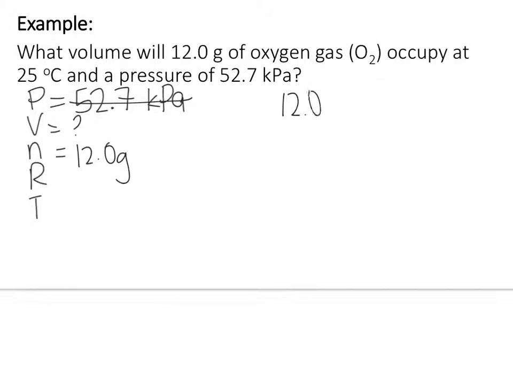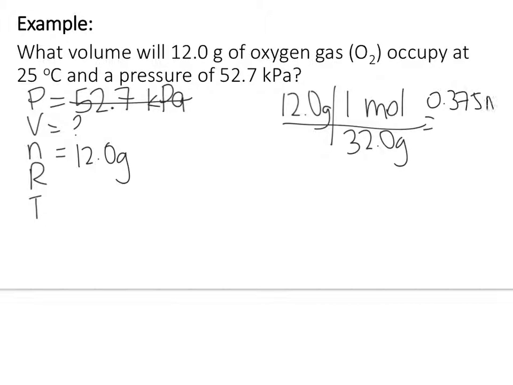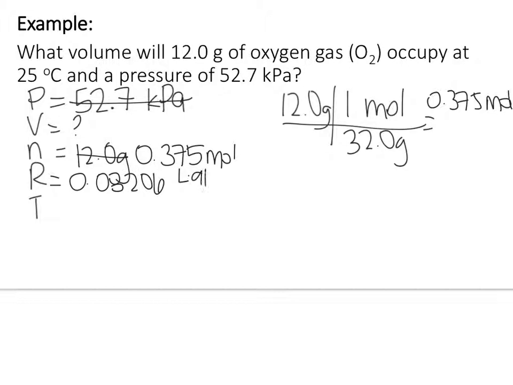So 12.0 grams times 1 mole over 32 grams gets you 0.375 mole. R is always the same. And our temperature is 25 degrees Celsius, which you probably have memorized now is 298 Kelvin.